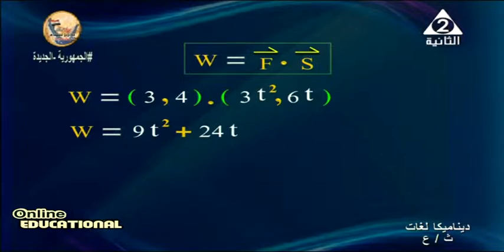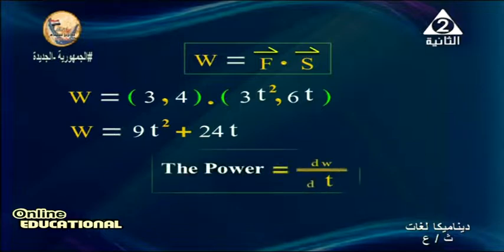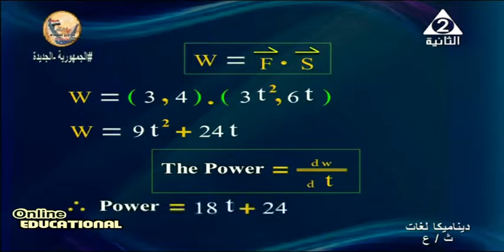Then the work equals 9t power 2 plus 24t. Now we know that the power equals the derivative of work with respect to time, dW/dt. Then power equals the derivative of 9t power 2, which is 18t, plus the derivative of 24t, which is 24. Then the power equals 18t plus 24.